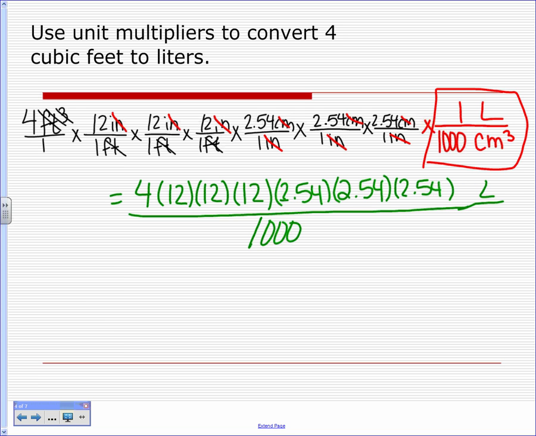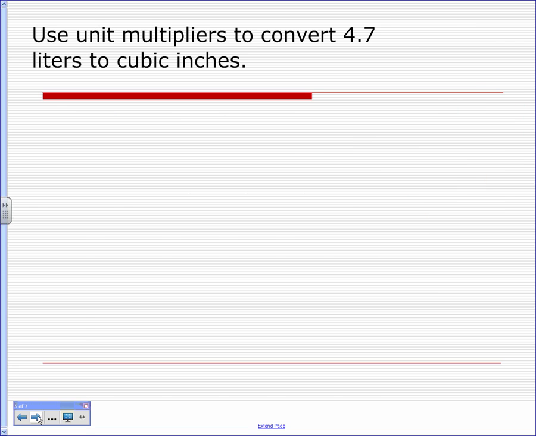Oh, it's not that bad. Do you agree? Any questions? Okay. See if you can do this one by yourself.